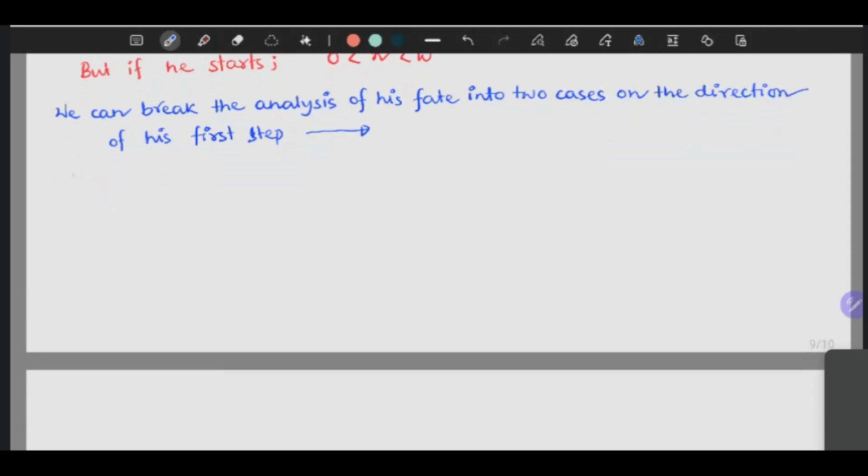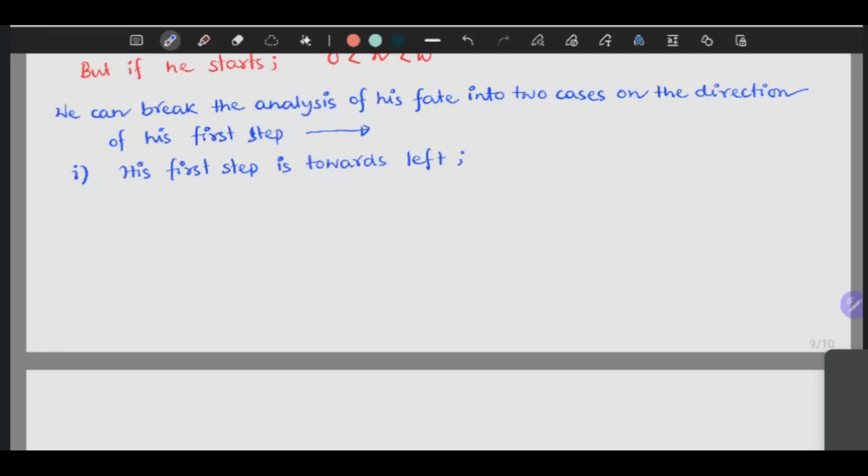First, his first step is towards the left.